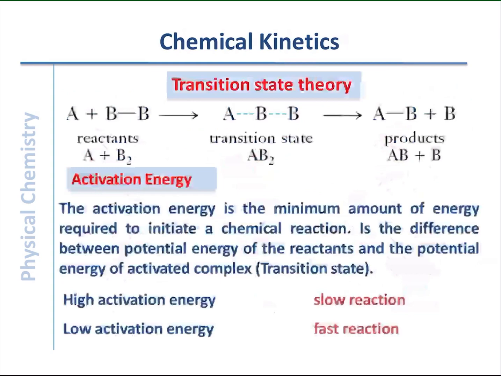It is the difference between the potential energy of the reactant and the potential energy of the activated complex or the transition state. If the reaction has high activation energy, this is a slow reaction. If the reaction has low activation energy, so it needs a very low amount of energy to reach the transition state, it's a fast reaction.